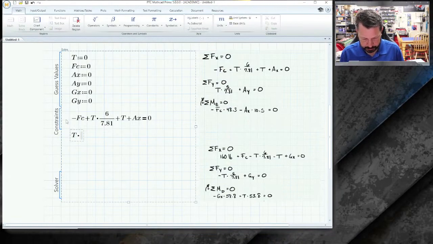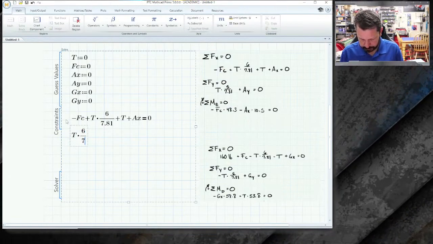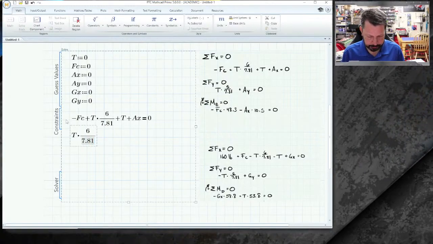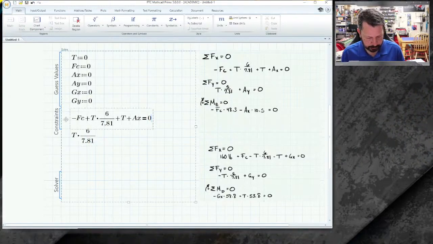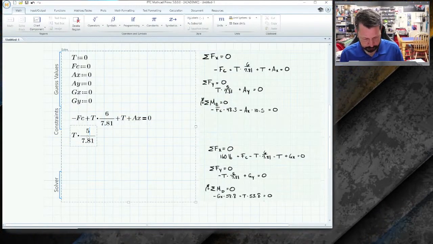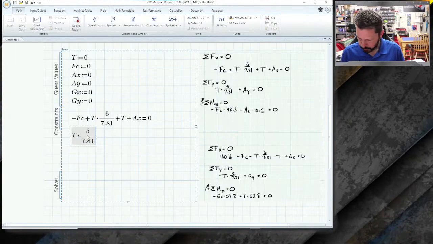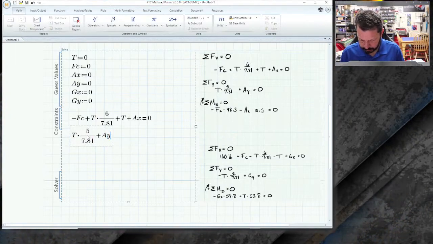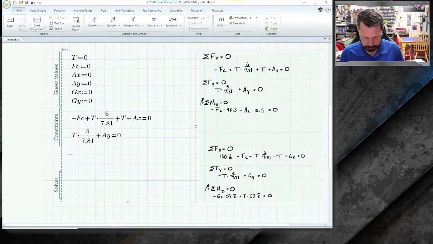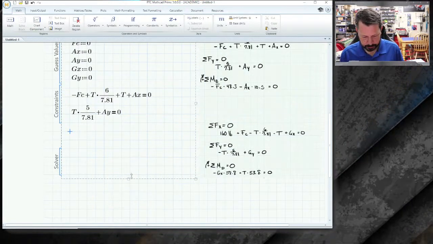T times 5 over 7.81. I did extra key there. Oh wait, that should be 5 though, right? Not 6. Plus AY equals 0. Let's scroll down a little bit. We're gonna need more room.